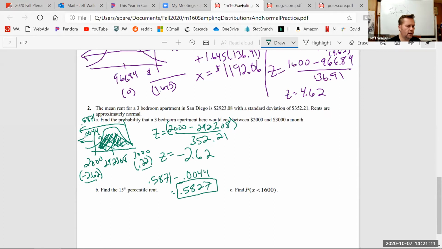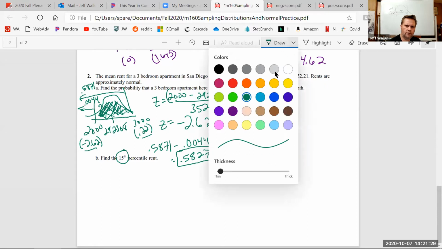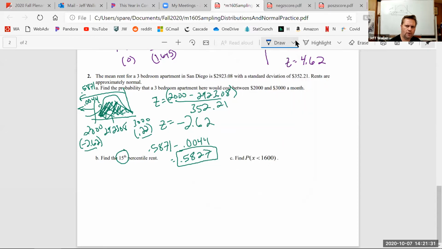So that's the same problem as the first problem. It's the exact same problem. Numbers are different, but who cares? The problem's the same. And then where would the 15th percentile rent be?